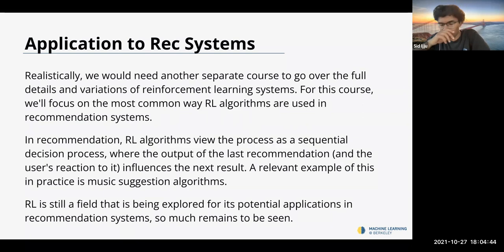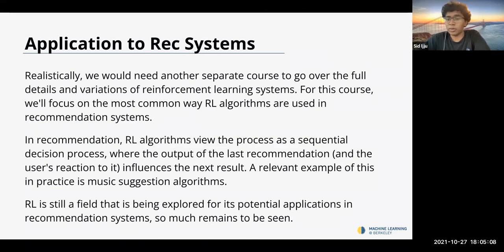A real life example of this would be music suggestion algorithms. If I suggest you a song on Spotify and you repeat it and play it a lot again, then the idea is that RL algorithms could use that input, as in how long you listened to it and whether you repeated it, as an input into the next recommendation it gives you.